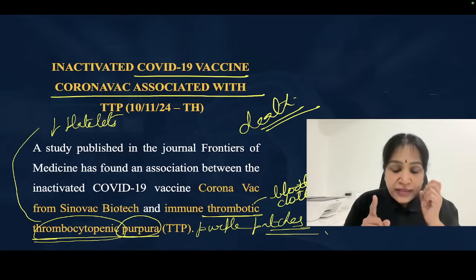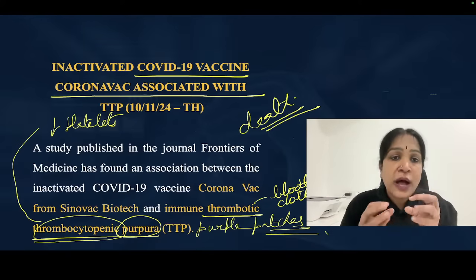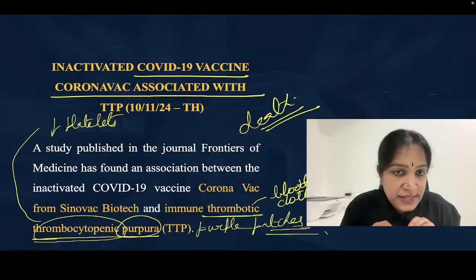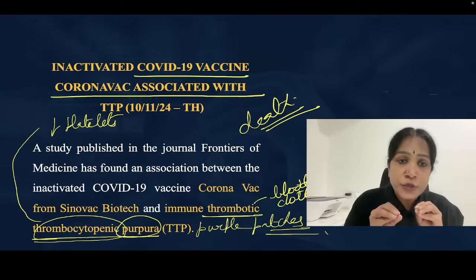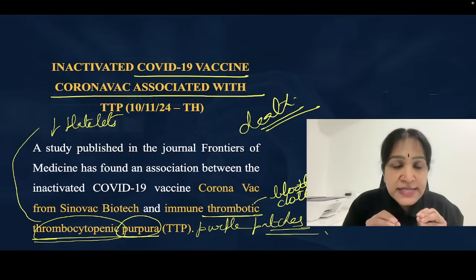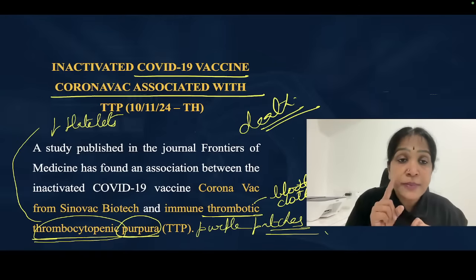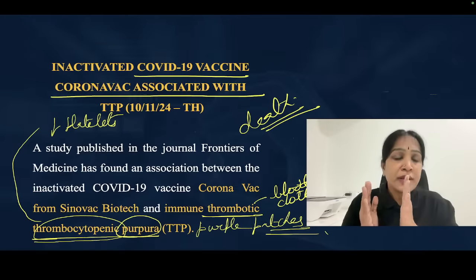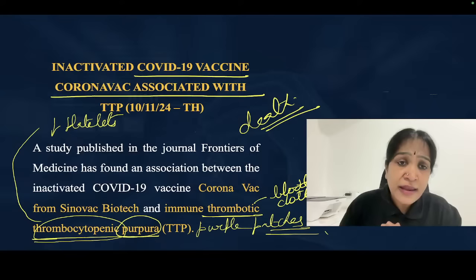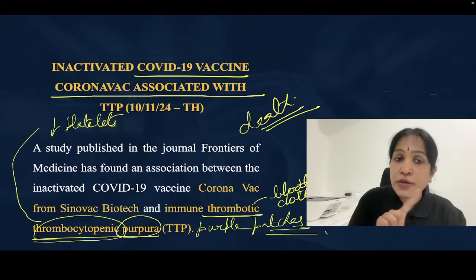I repeat, the blood clots can lead to obstruction in the blood vessels so that it can lead to heart failure. True. It is a side effect of the vaccine, but most importantly remember that thrombocytopenic purpura can also occur because of the coronavirus, not only the vaccine.